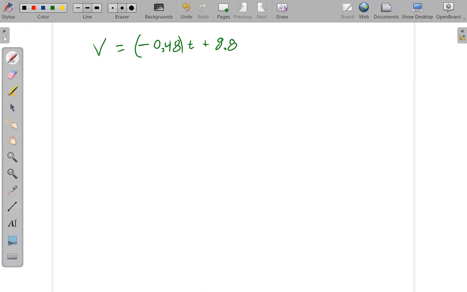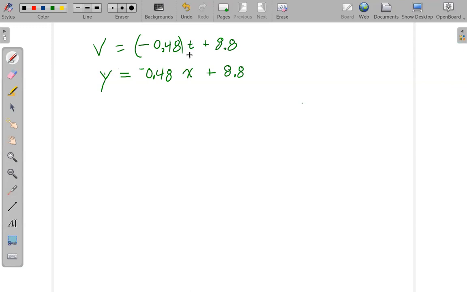And most graphing calculators can only use y's and x's. So for a graphing calculator here, I would have to, my pen is being difficult. Can't see what I'm writing. Y equals -0.48 x plus 8.8 is the way I'm going to enter it into the graphing calculator.